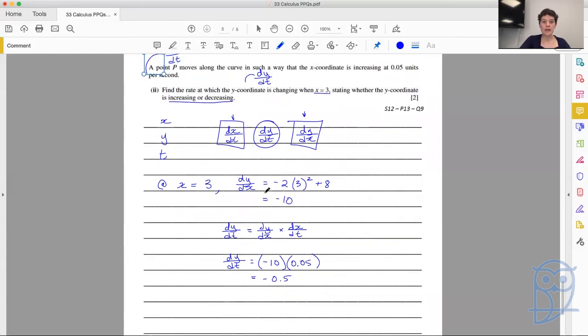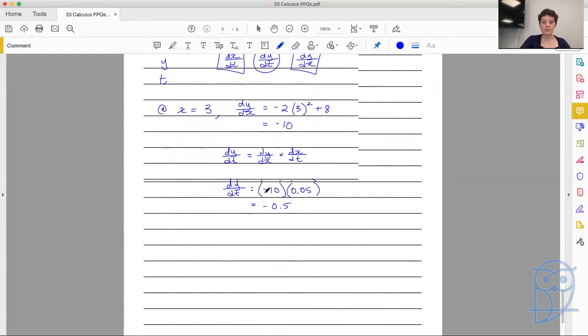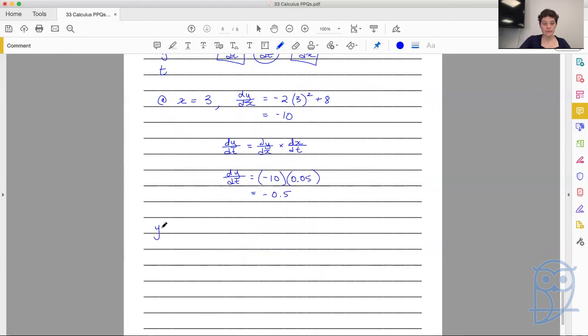So we can say then the y-coordinate is decreasing at 0.5 units per second. Because we say it's decreasing, we don't then say the minus, because that would be a double negative. So it's just decreasing at 0.5 units.